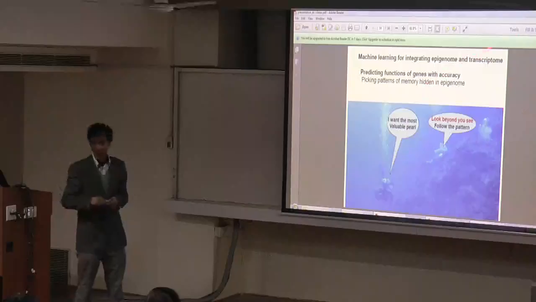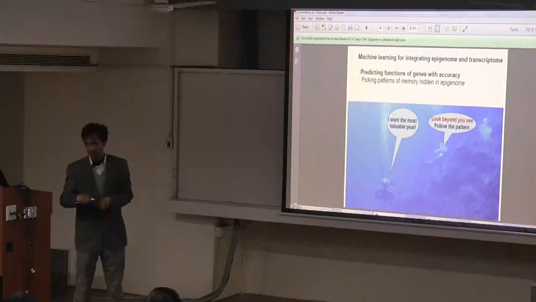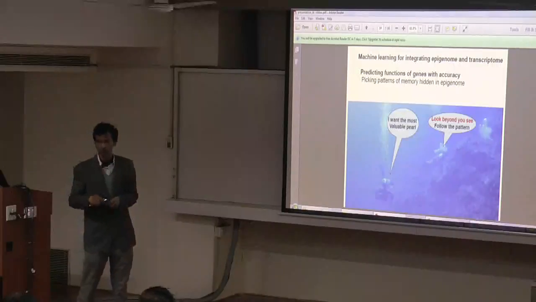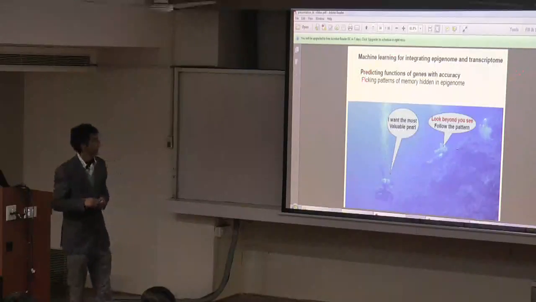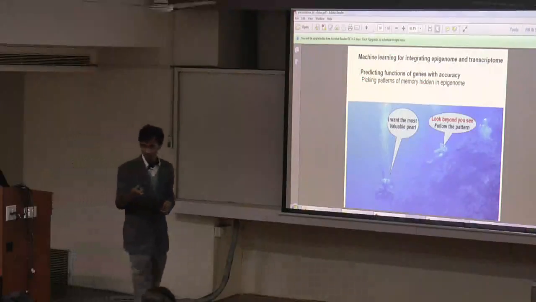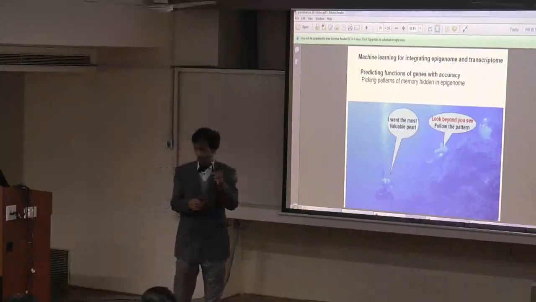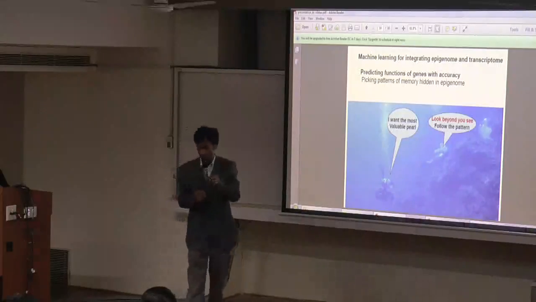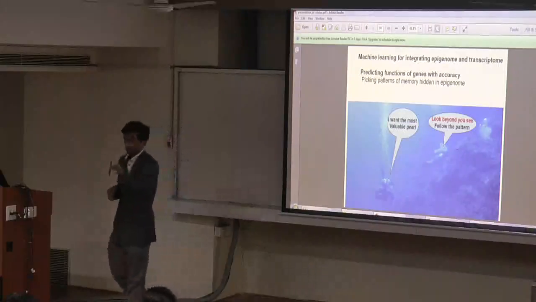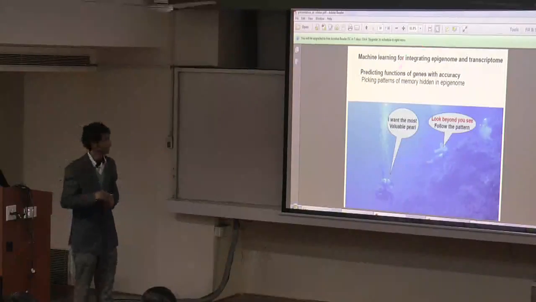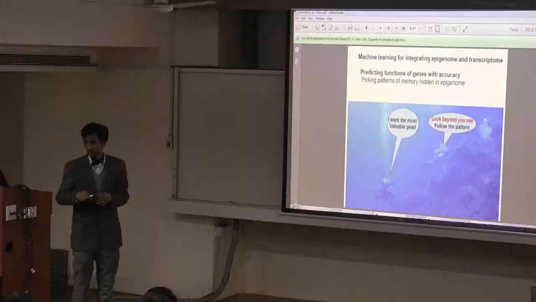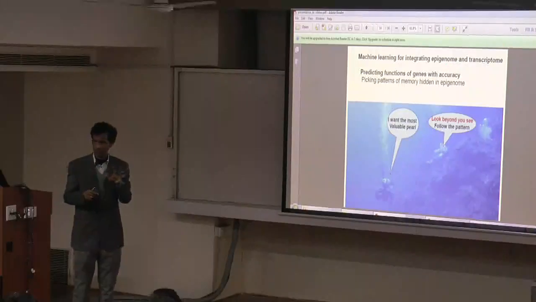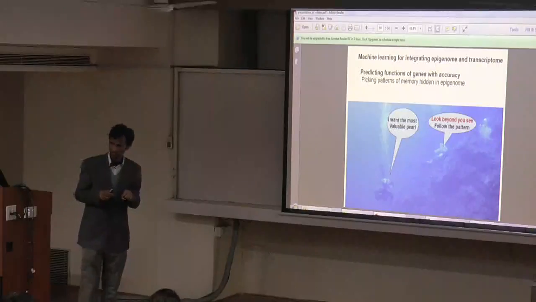Can we predict the missing gene ontologies of genes just by looking at the pattern of the epigenome? That's a challenging machine learning problem. And can we look at the memory? As I told you, cancer cells have a memory of prior exposure to drug response that you can never find by gene expression. So can we look at the pattern in the epigenome and say what the memory of the cell is, and what its precursor cell was?